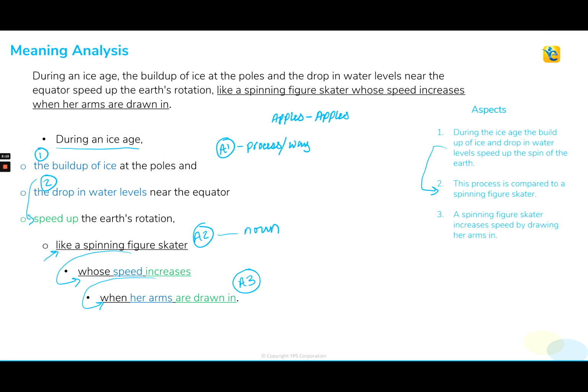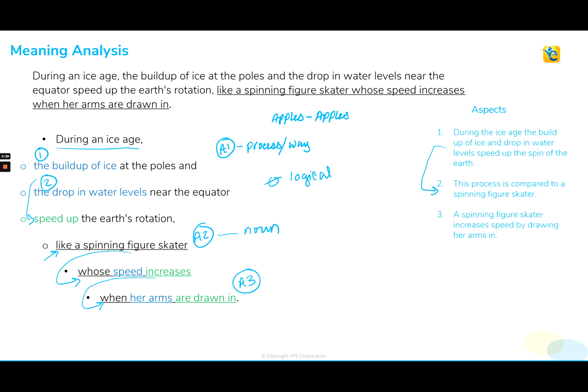So we have a process, or the way the Earth's rotation is being sped up, being compared to a noun, the spinning figure skater. This is not apples to apples. So our comparison is not logical. We cannot have two separate entities being compared. We either need to compare a process or a way to a way, or a noun to a noun.